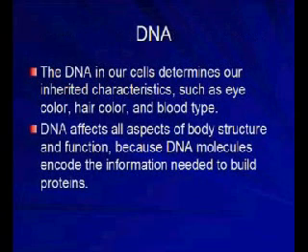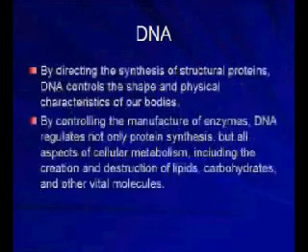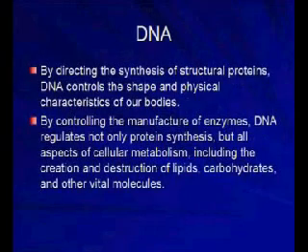DNA in our cells determines our inherited characteristics such as our eye color, hair color, and blood type. DNA affects all aspects of the body's structure and function because DNA molecules encode the information needed to build proteins. By directing the synthesis of structural proteins, DNA controls the shape and physical characteristics of our body.